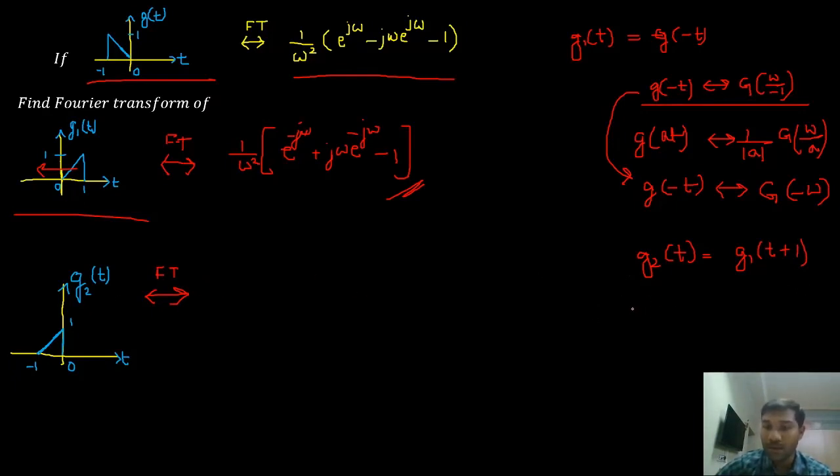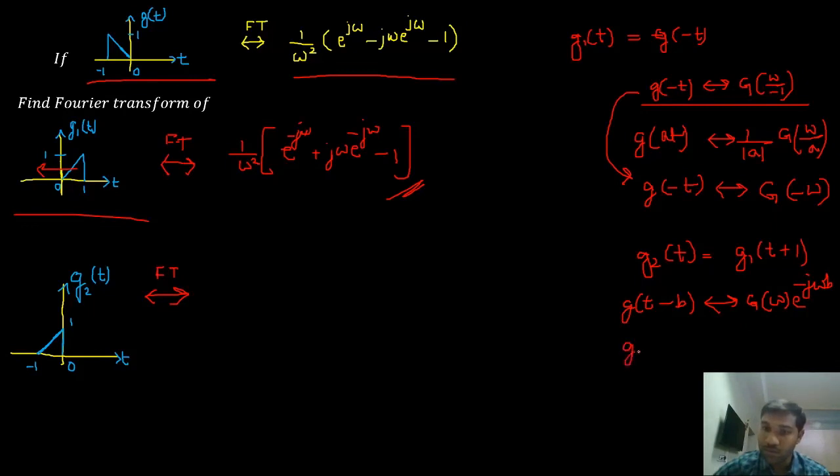So what is my time shifting property? g of t minus b, time shifting. What is the Fourier transform? The Fourier transform is going to be g of omega into e power minus j omega b, right?